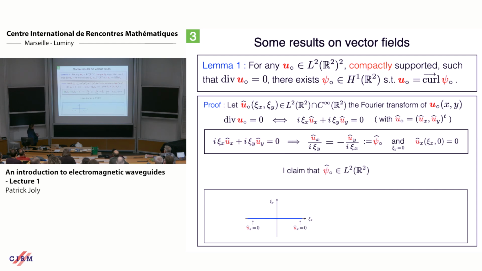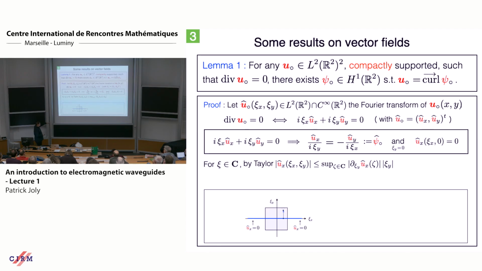And what I say is that this function is in L2. The reason is that if you take a psi in the unit square, you can use a Taylor expansion from the real axis. Because it is 0 on the axis, you have this estimate in psi y.